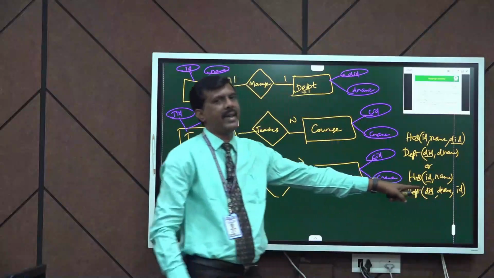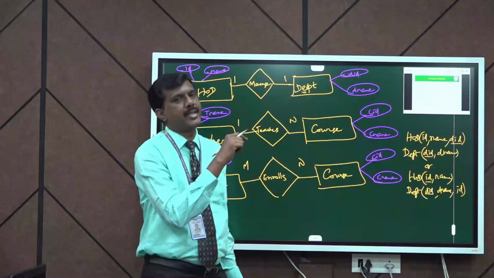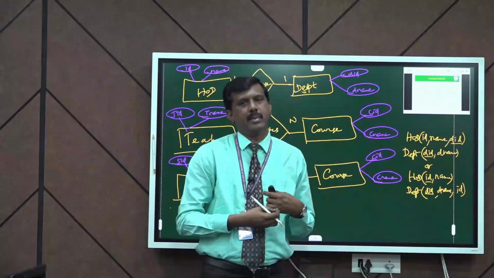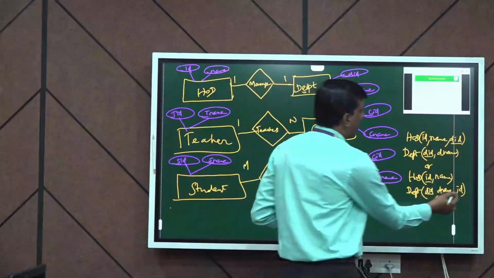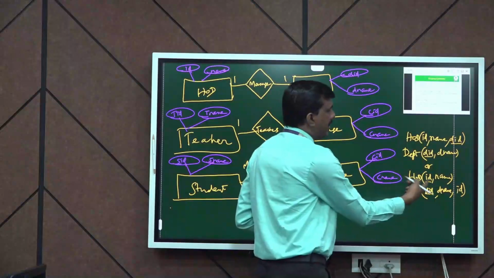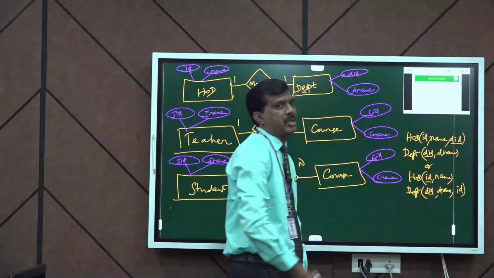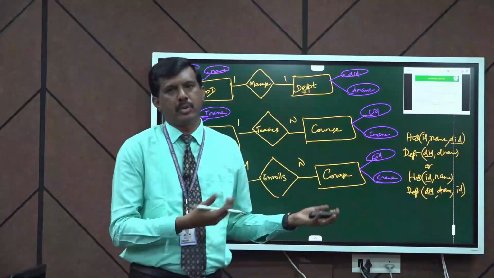So here we have ID included, that is, the other relation's key attribute should be included as a part of the table. So this is a solution for one to one mapping. Here we have ID as a primary key, and here we have ID as a foreign key. Through this we could establish a relationship and fetch the data from both the tables.